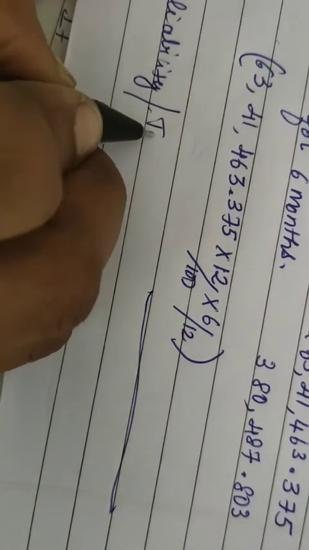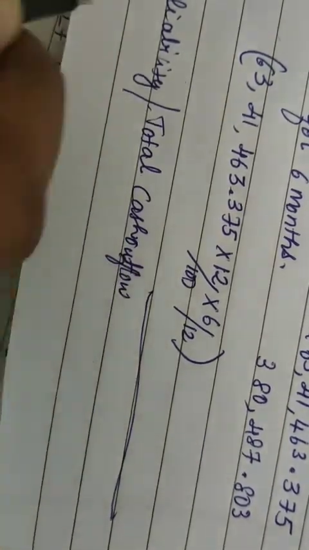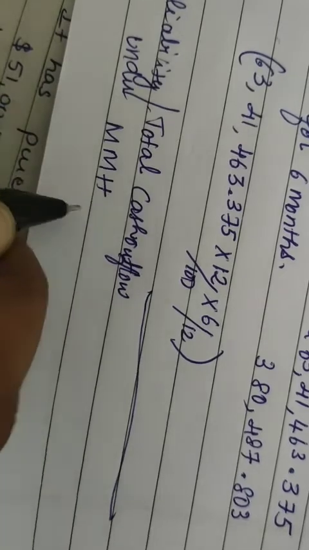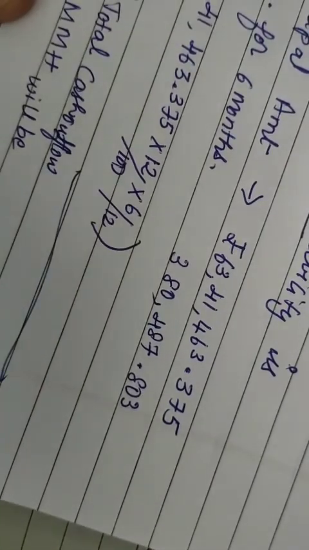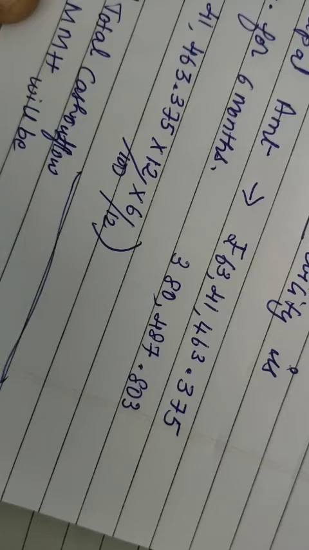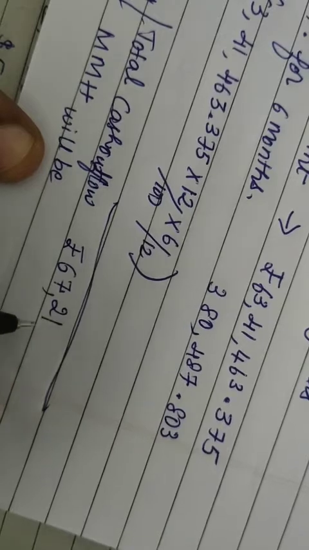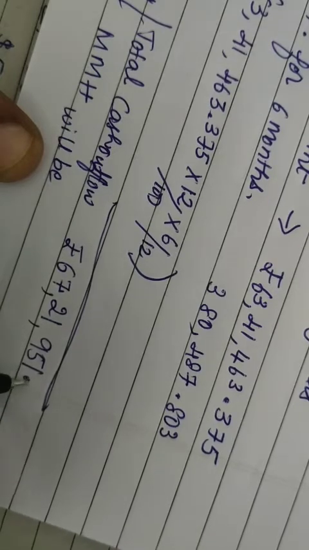So your total liability after 6 months, or total cash outflow under money market hedge will be 63,41,463.375 plus the interest, so it is rupees 67,21,951.178.